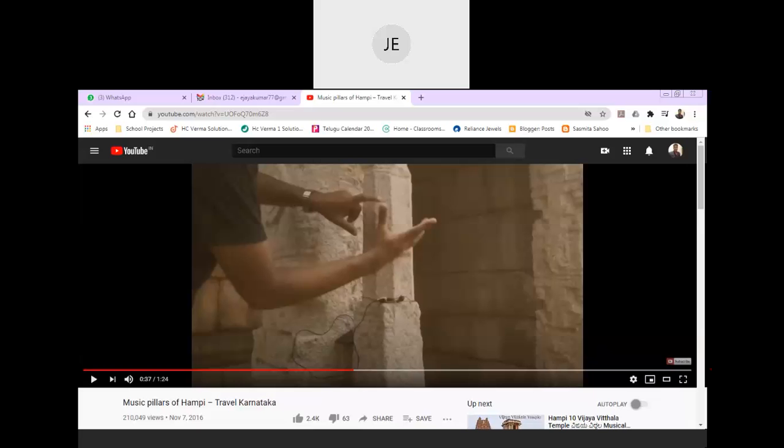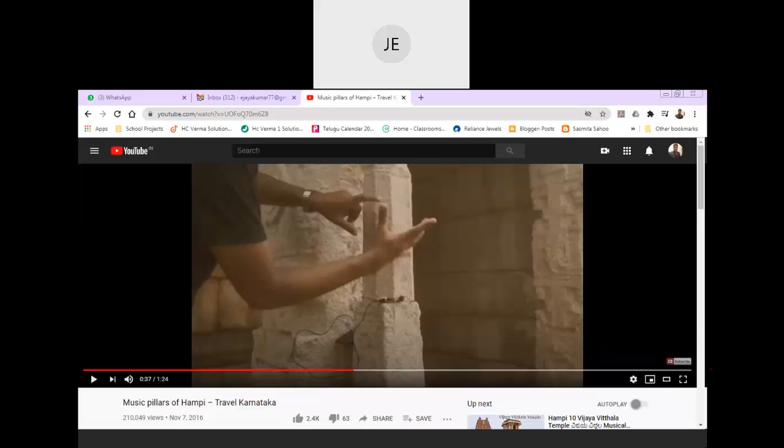Those wave patterns can be seen when you bring water near the pillar, and that wave pattern is printed on the pillar.